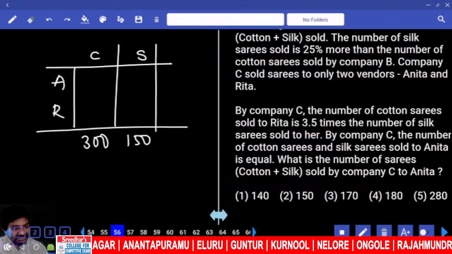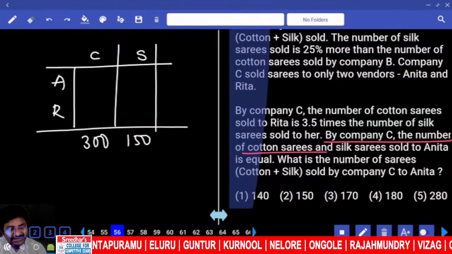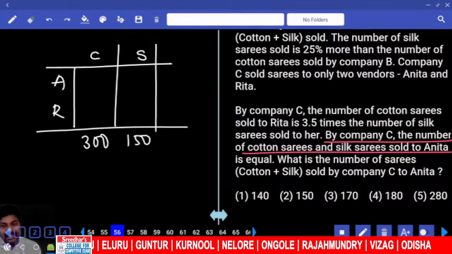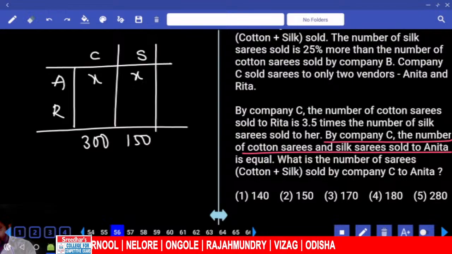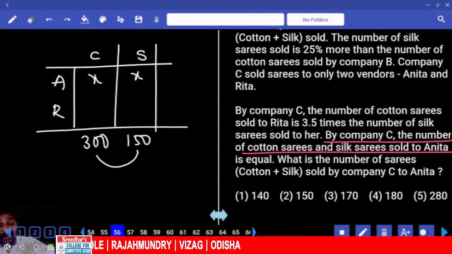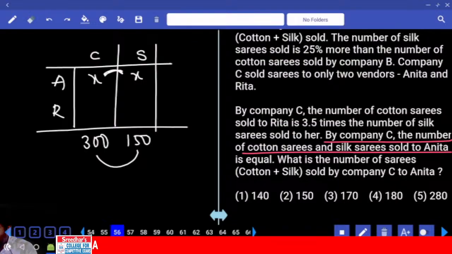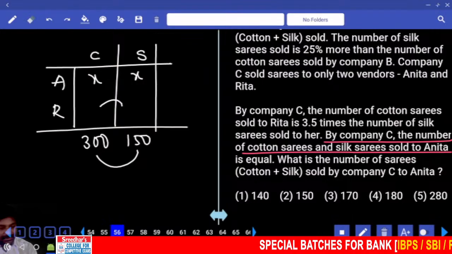According to the information, by company C the number of cotton sarees and silk sarees sold to Anita are equal. If it is X, here also X. But what is the difference in total cotton and total silk sarees? 150. But for Anita there is no difference, right? Then the difference 150 should come for Rita. Understood? Right.